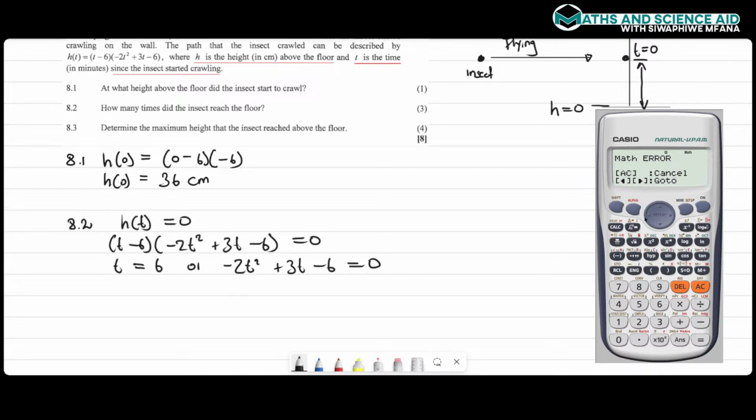And we are getting a math error. Let's just double check if we have substituted in correctly. So yeah, b is indeed positive 3, a is negative 2, and c is negative 6.